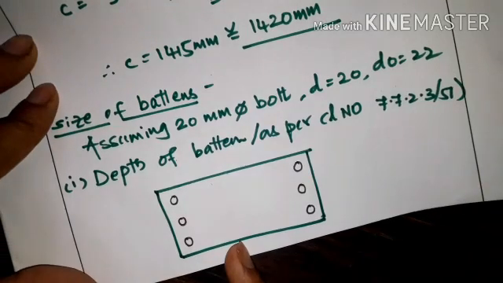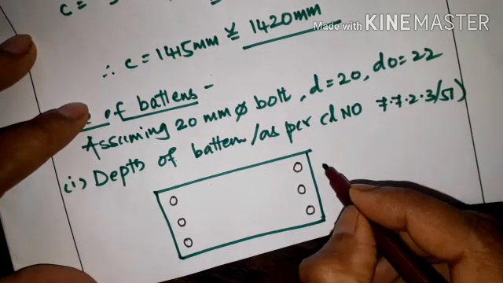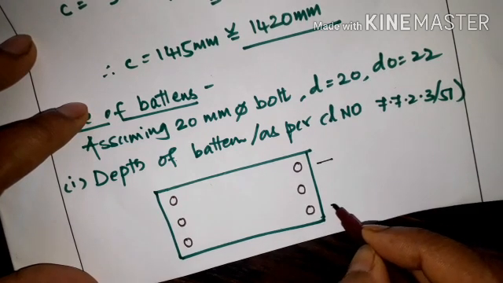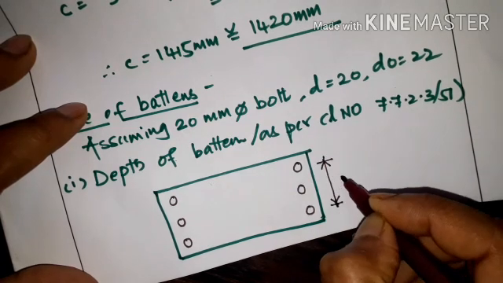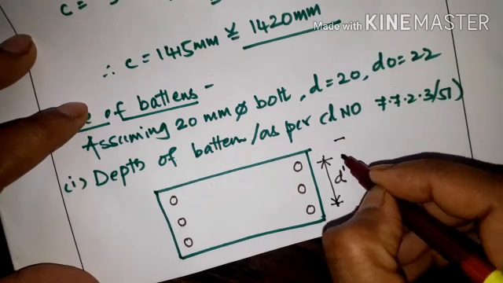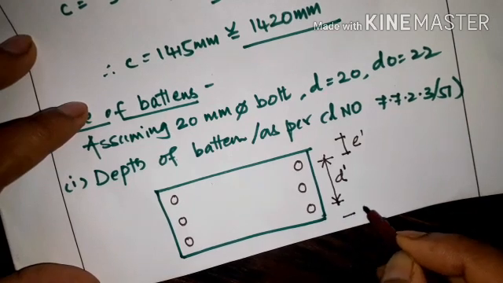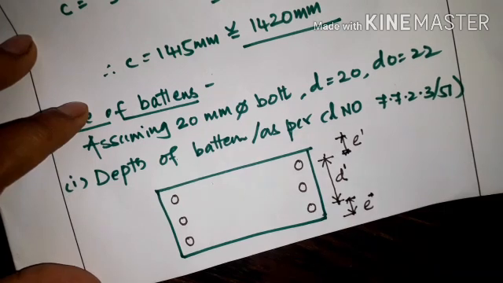This will be taken as t dash, and this will be the edge distance e dash.